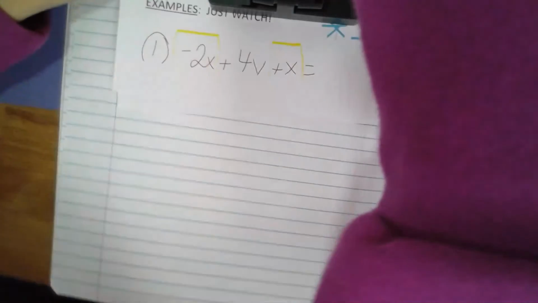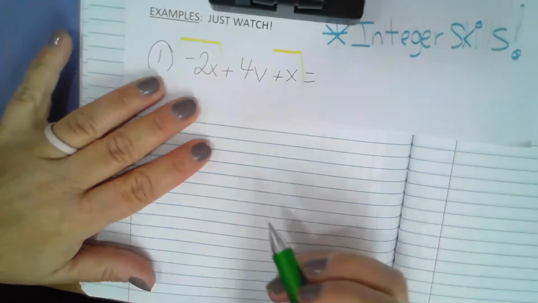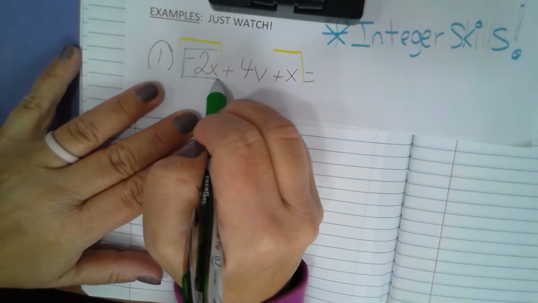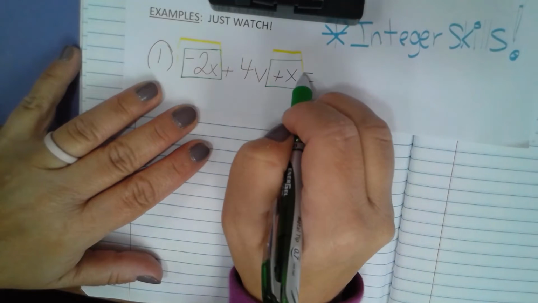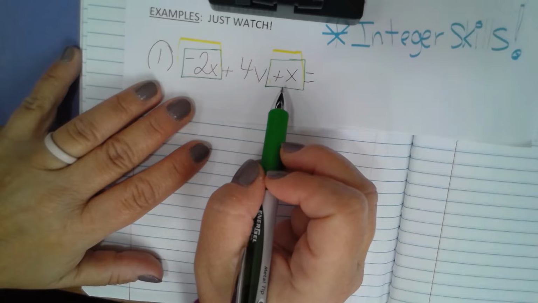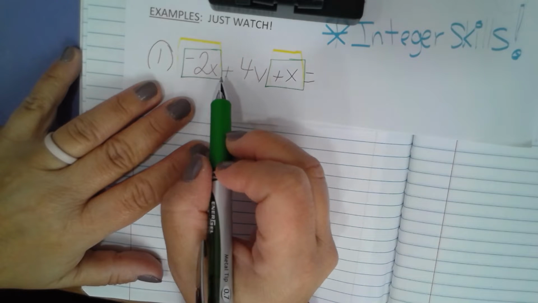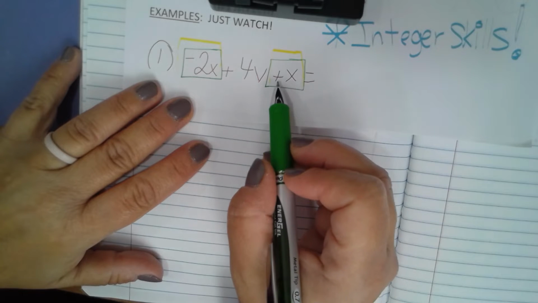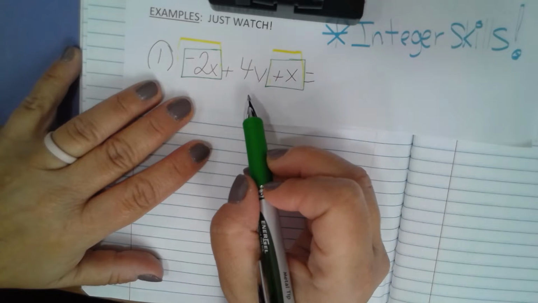All right, so let's try an example. This is not on your foldable, so I really just want you to pay attention. Sometimes it's helpful if you box the like terms. So I'm going to box the negative 2x and the positive x because they both have an x. Notice I didn't box just 2x and x, I also boxed the sign in front.